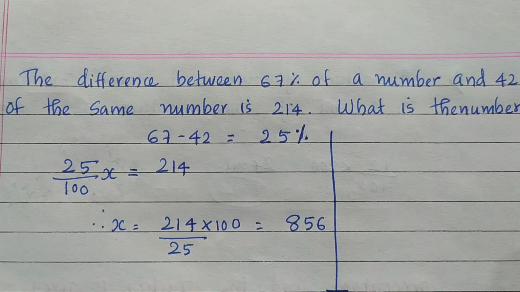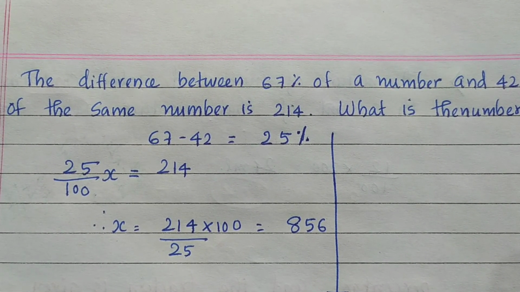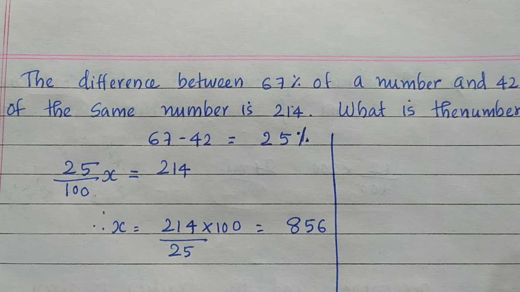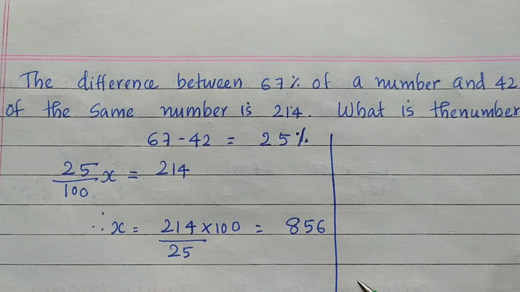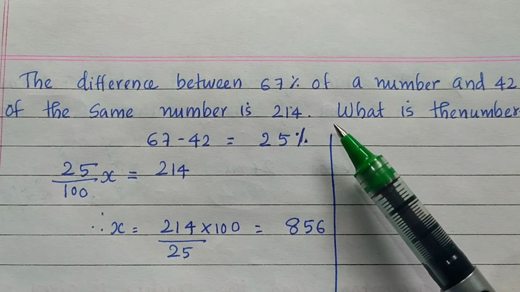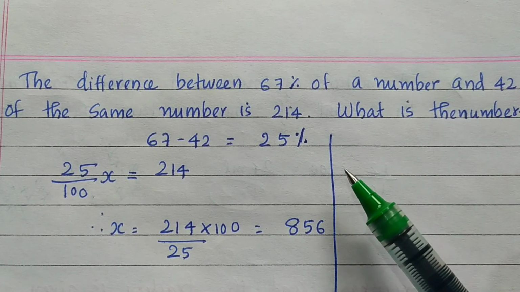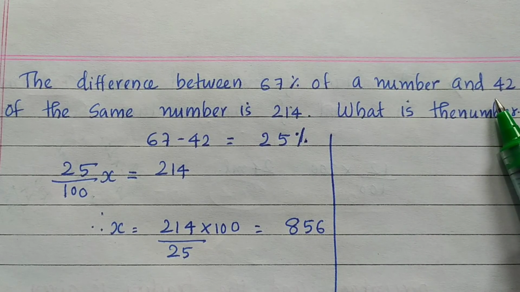Another question: the difference between 67 percentage of a number and 42 percentage of the same number is 214. What is the number? So in this case, what we have to do? The difference between 67 percentage of a number and 42 percentage of the same number is 214. So 67 and 42 are percentages.